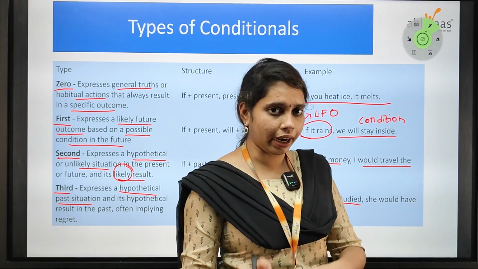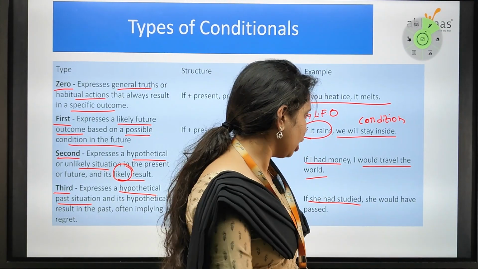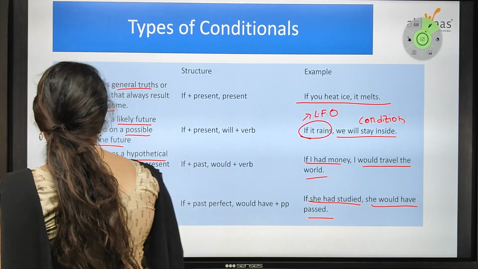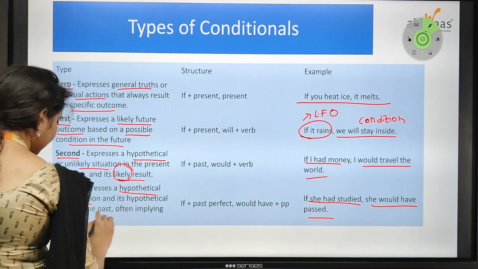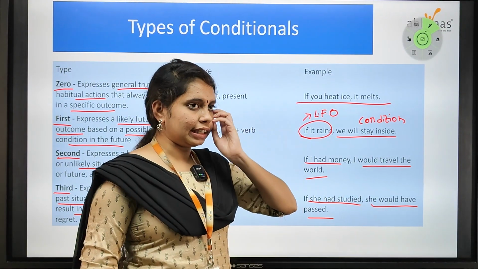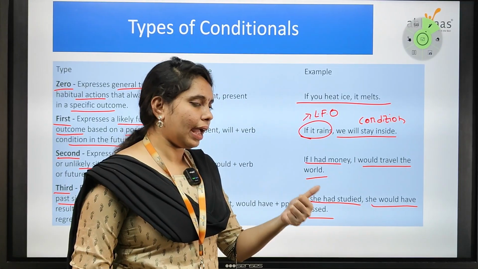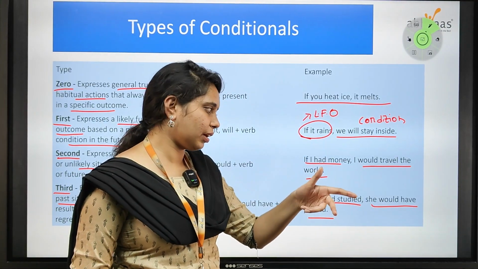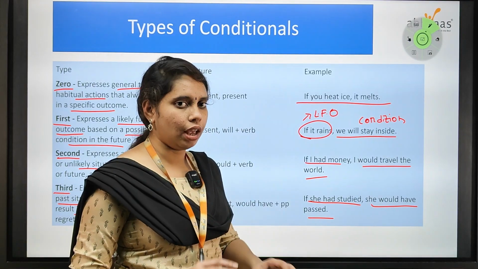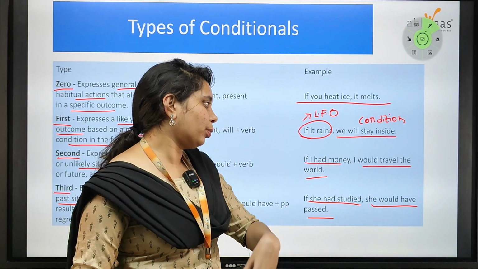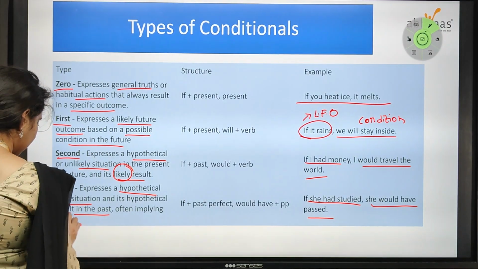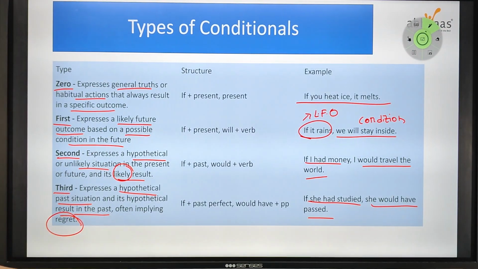So the week before that, if she had studied, she would have passed, and its hypothetical result in the past. Both of them happened in the past. Last week her results came, and before that she must have been in preparation, right? So both of them happened in the past, so it's completely hypothetical. If she had studied, she would have passed, right? It's more often used as a regret.